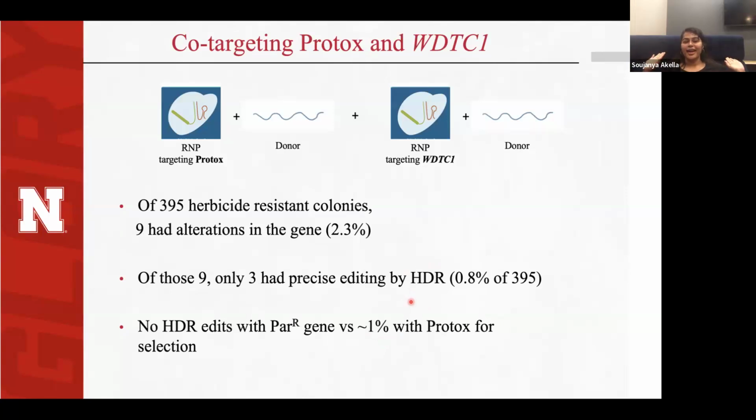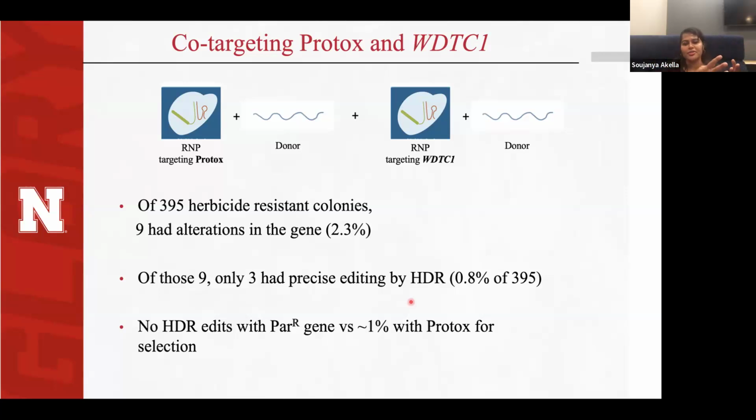So I hope you're seeing the pattern here, and you can kind of guess why the cell is willing to use your donor for your gene of interest, like this FTSY, WDTC1. They're using your donor because you have already selected for cells that are already using the same mechanism to edit the gene, which is going to allow the cell to survive, right?